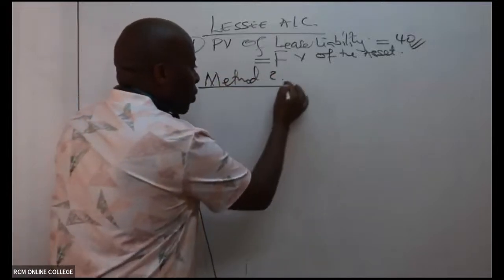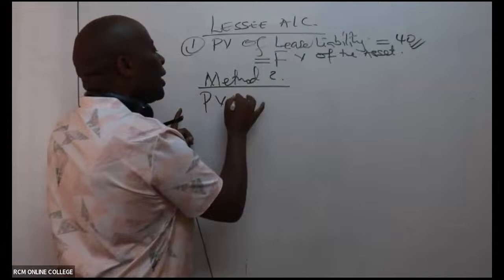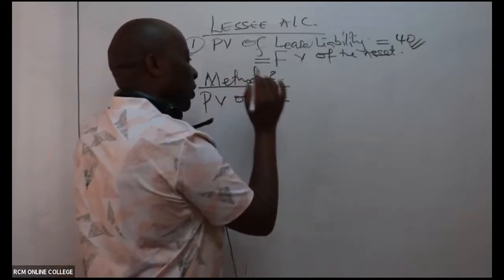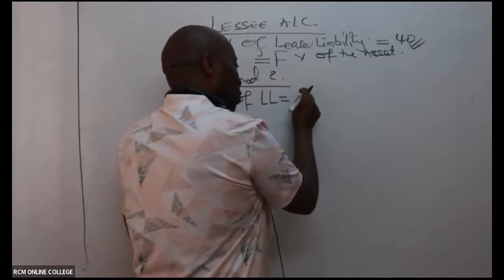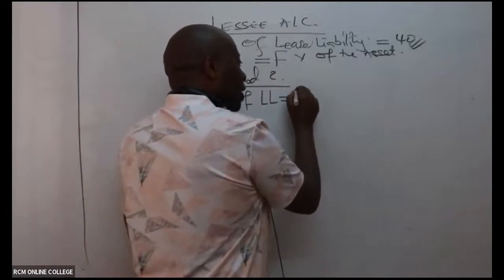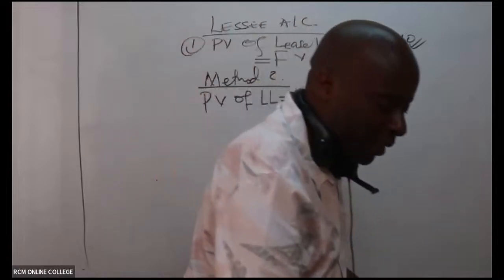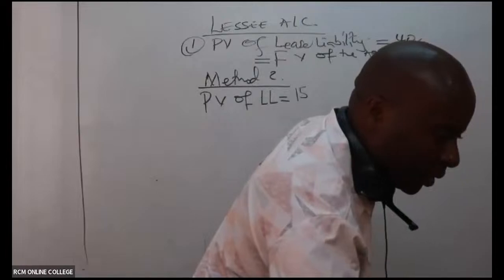So method number two. To get this present value of lease liability, what we shall do is to take the rental amount. They have given us lease rentals of 15,521,200. This figure looks ugly.